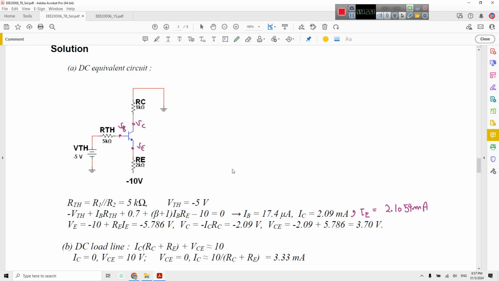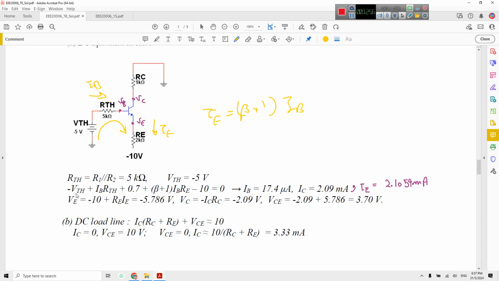Then you are going to find the IB from here to here. As we have the value RBB, the current here is IB, the current here is IE, and we know IE equals beta plus 1 times IB.